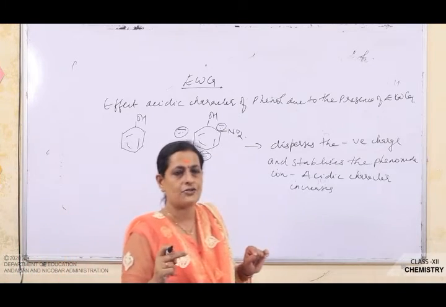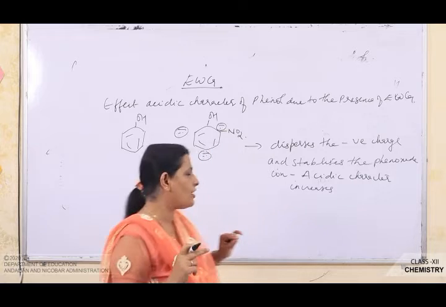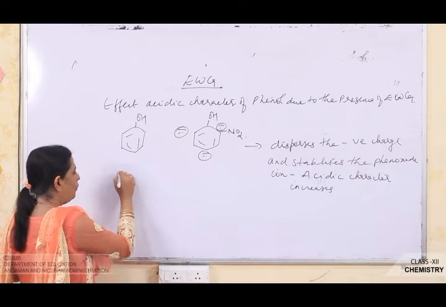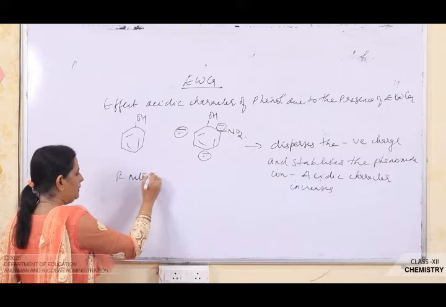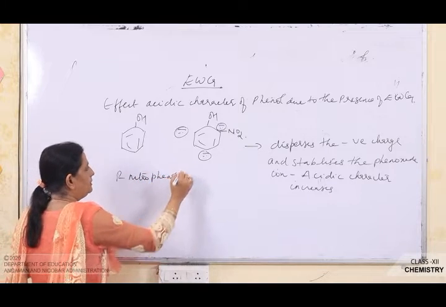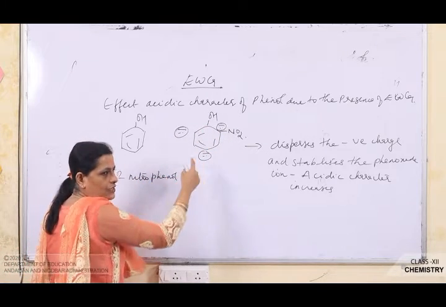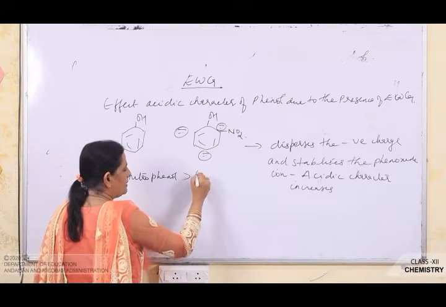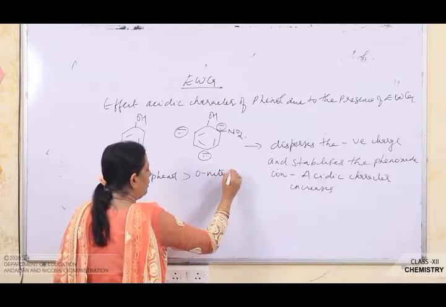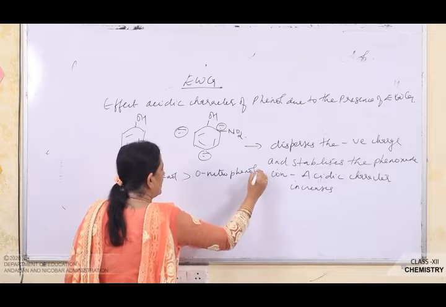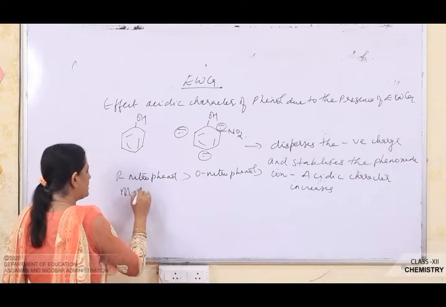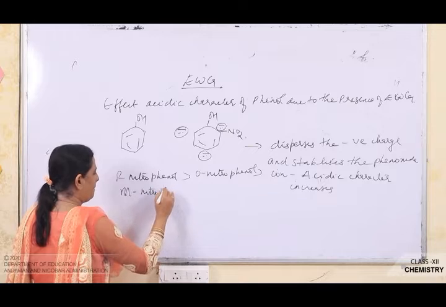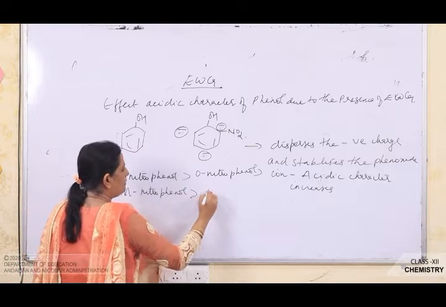So if you have orthonitrophenol, paranitrophenol, metanitrophenol and phenol, which will be the strongest acid? Para. Why? In case of para, the groups are coming in what? Opposite direction. So the effect is maximum. So paranitrophenol greater than orthonitrophenol greater than metanitrophenol greater than phenol.